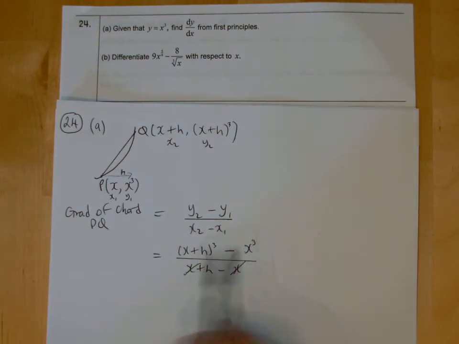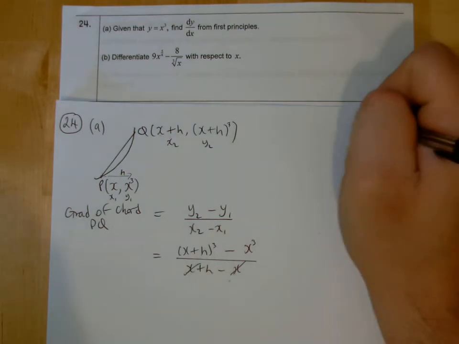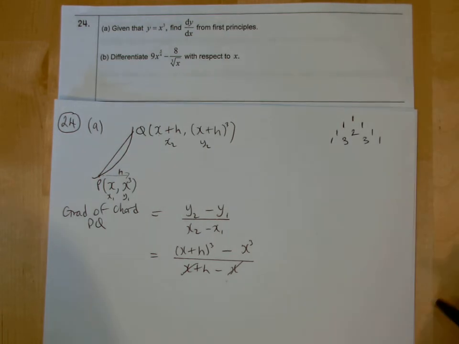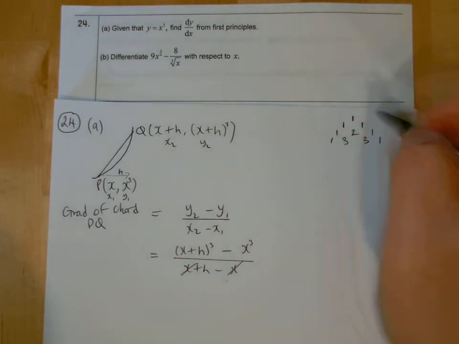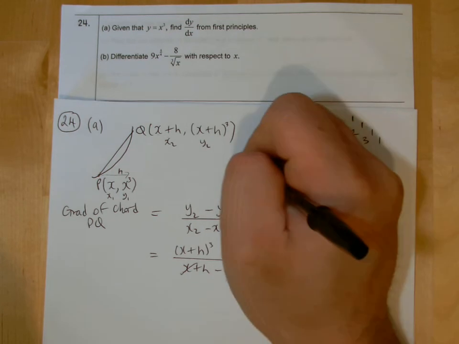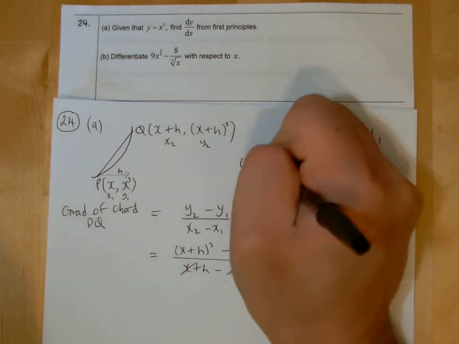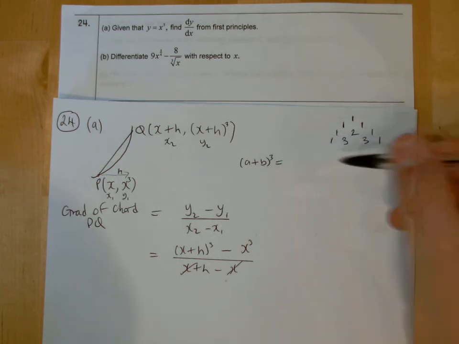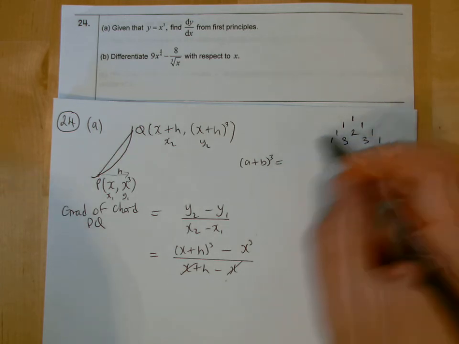So you just got to expand this then at the top. Now you could expand that by doing 3 brackets, or you could use the binomial theorem. Yeah, so remember the binomial theorem. Okay, we use the Pascal's triangle like that, yeah. And then, if you've got your general result, we can write it up here, a plus b cubed. So remember, I think it's easier to use this because you get used to it and it's much quicker.